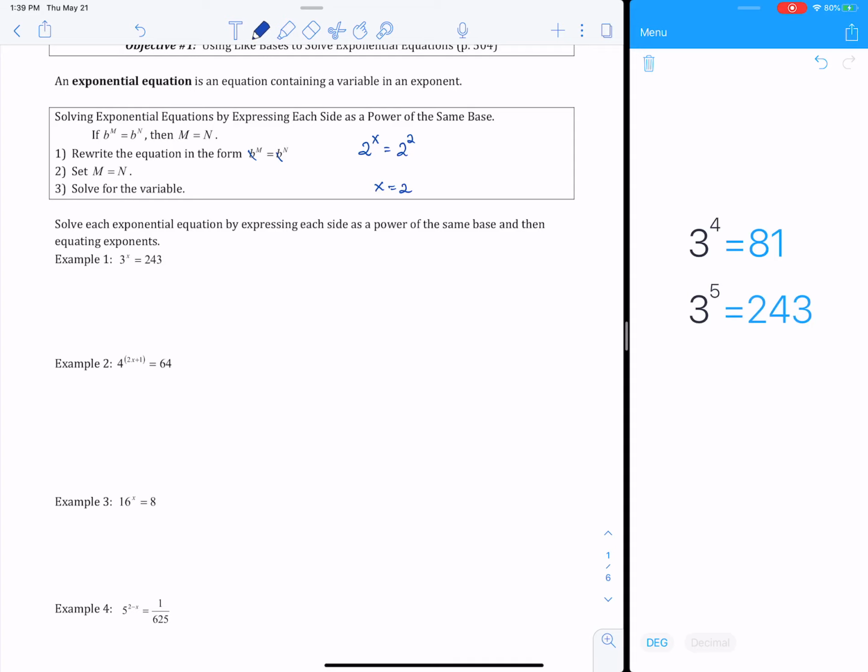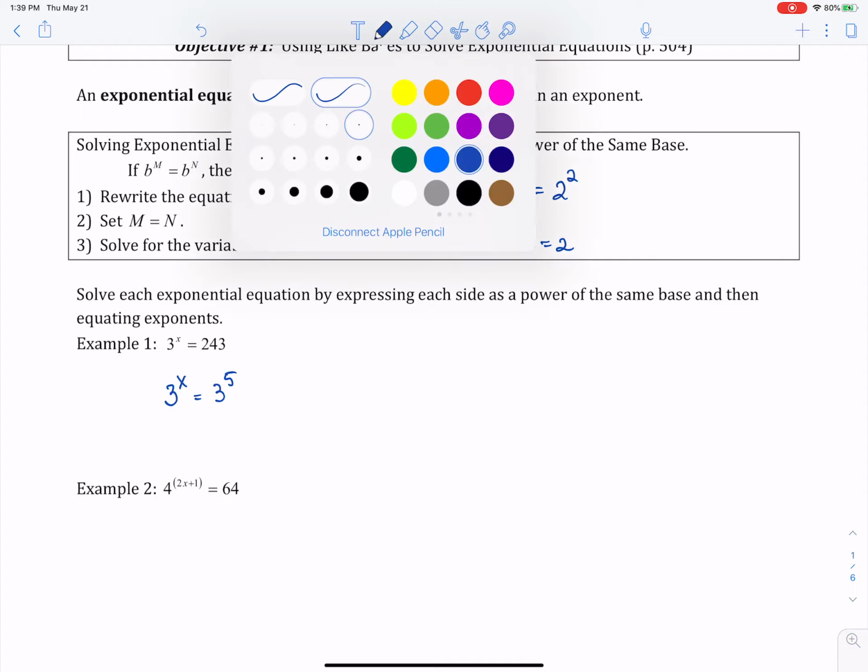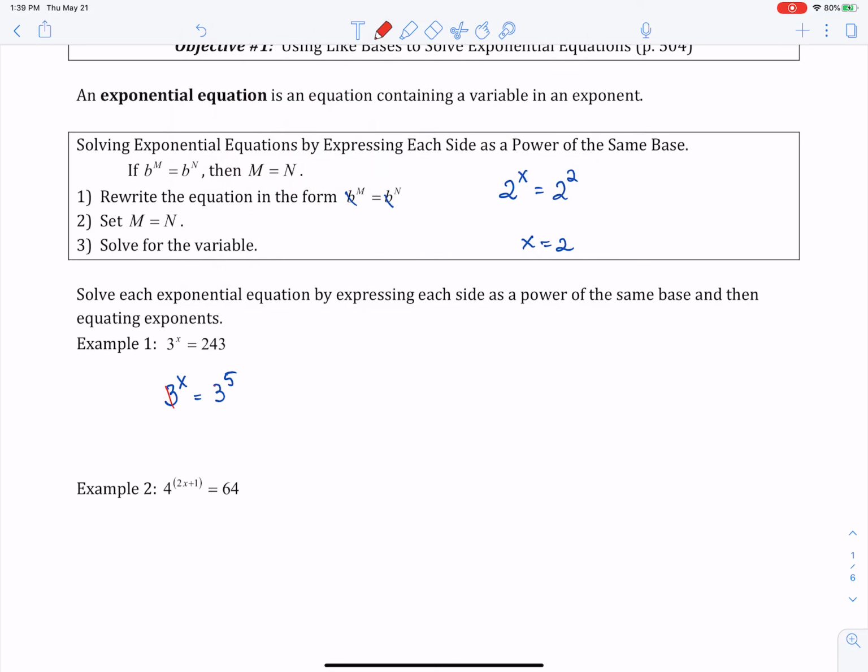So I'm going to rewrite this expression as 3 to the x is equal to 3 to the 5. And then I'll say, well, the bases are the same, so we're going to drop them. And x must be equal to 5.